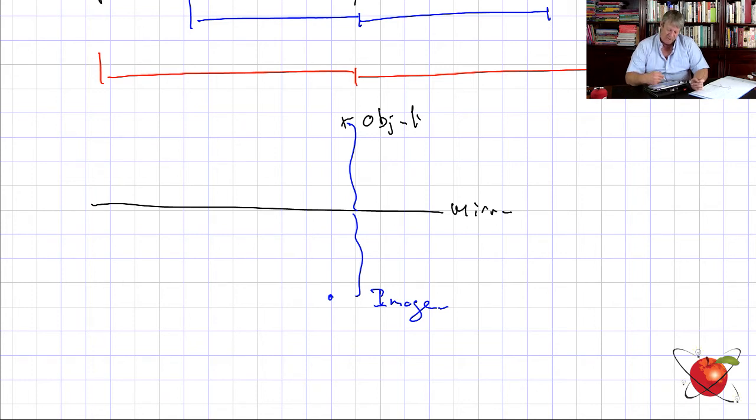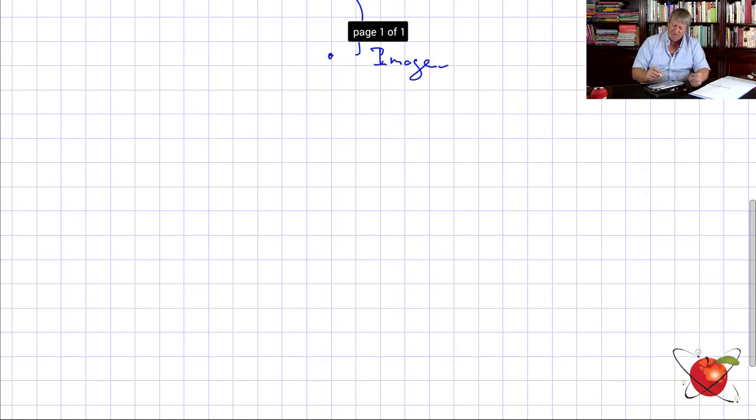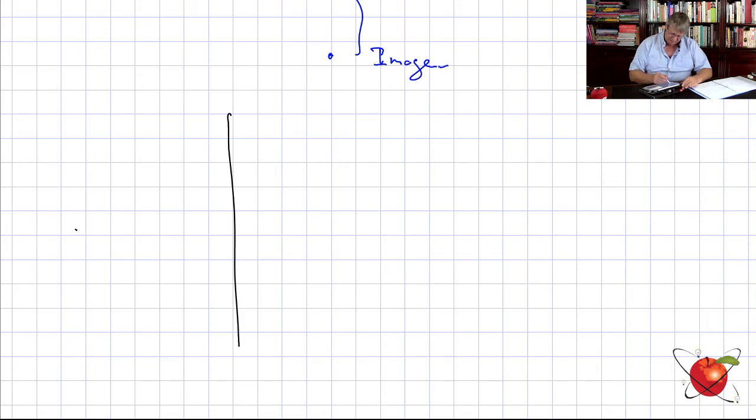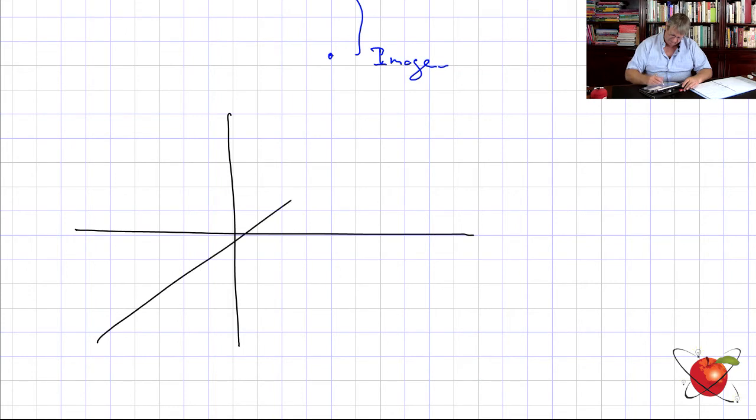Now, how do we reflect graphs then? The best is to start with a simple graph. Let's try a very easy graph. What's the easiest graph we all know? y equals x. That goes through the origin.